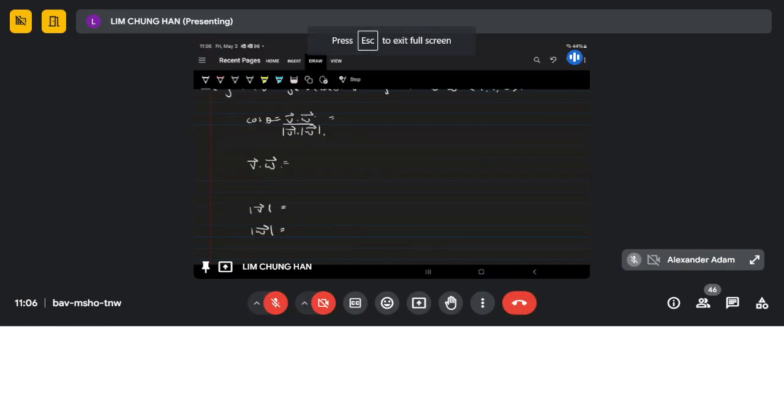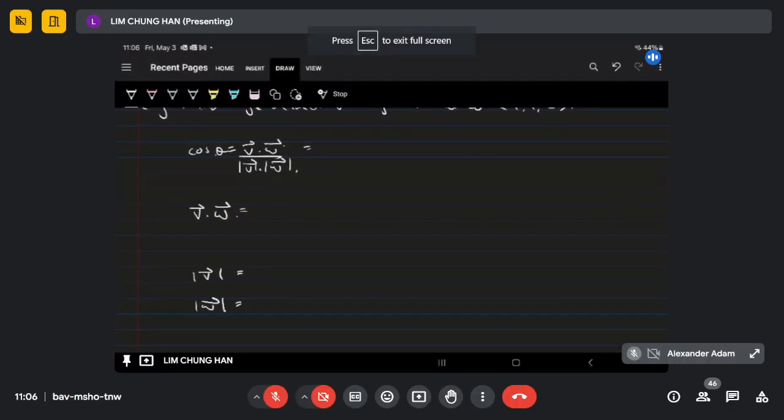What is V dot V? Quick. The sooner we finish this, the sooner we can end the class. 4. So V dot V, again, the answer should be a scalar, an integer, a round number. Yeah, 4.